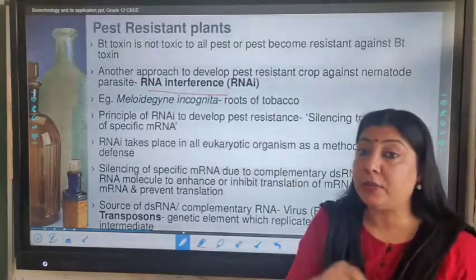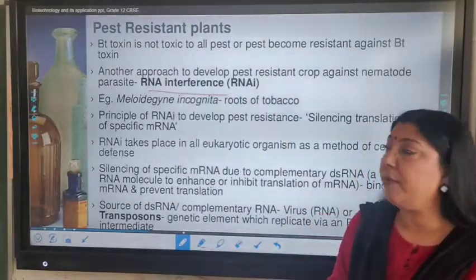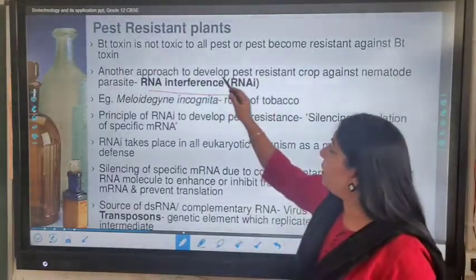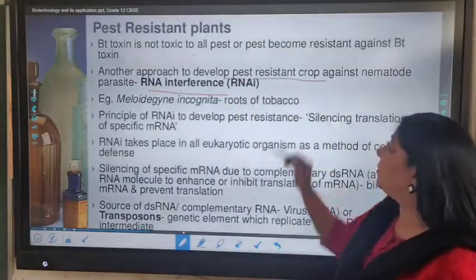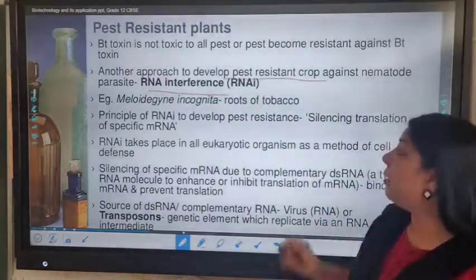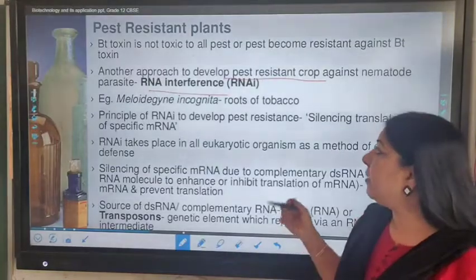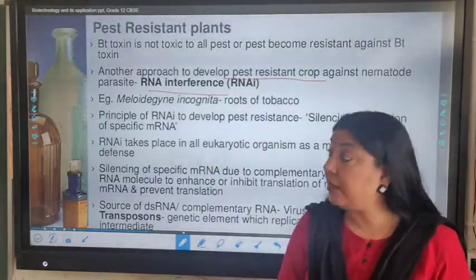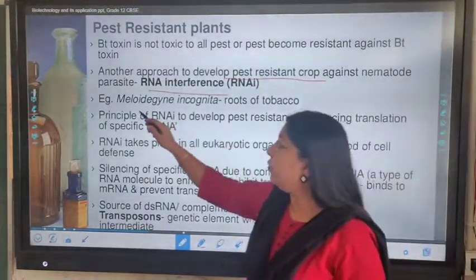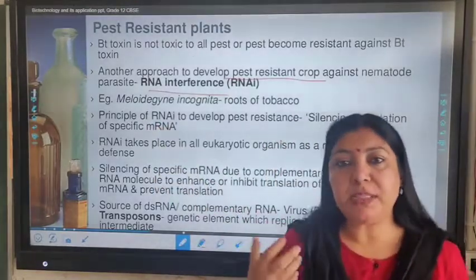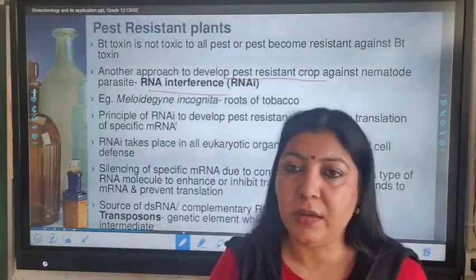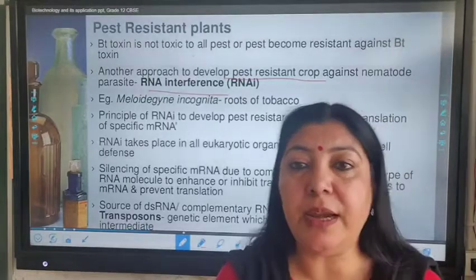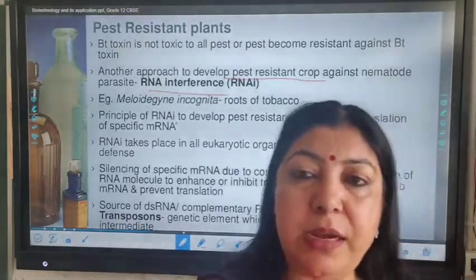This is another disadvantage. So another approach is to develop pest resistant crops against nematode parasites, that is RNA interference. In this technique, we use a mechanism of silencing the gene by making double-stranded RNA. We will study about it.